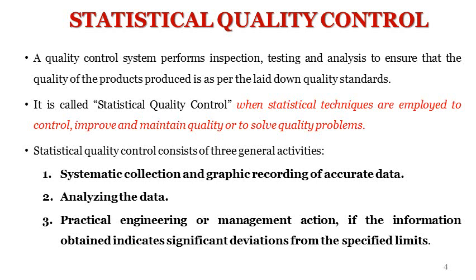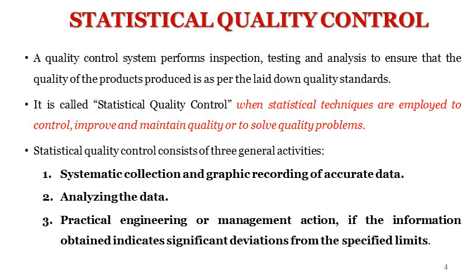A quality control system performs inspection, testing and analysis to ensure the quality of products produced as per quality standards. When it is called statistical quality control, we are using mathematical statistical techniques to ensure and improve the quality in a proper systematic manner.